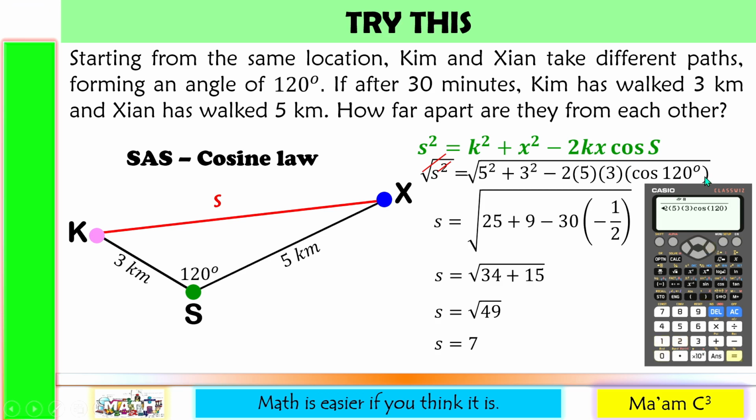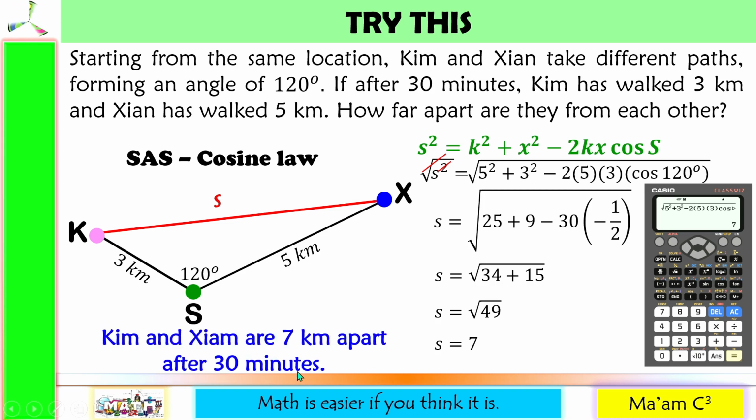And this will give us 7. So our answer is correct. Now let us answer the question, how far apart are they from each other? Kim and Zian are 7 kilometers apart after 30 minutes.